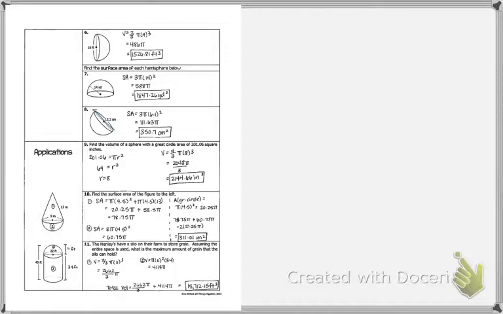I would probably make a list of all these formulas. So you have a cone, surface area is equal to pi r squared plus pi r, and then you have your slant height.